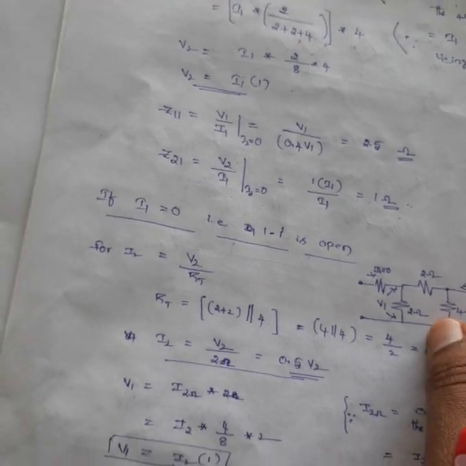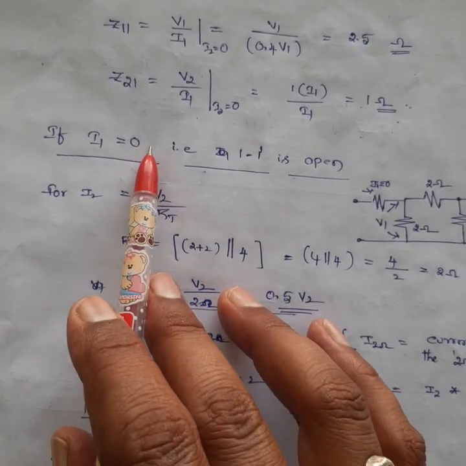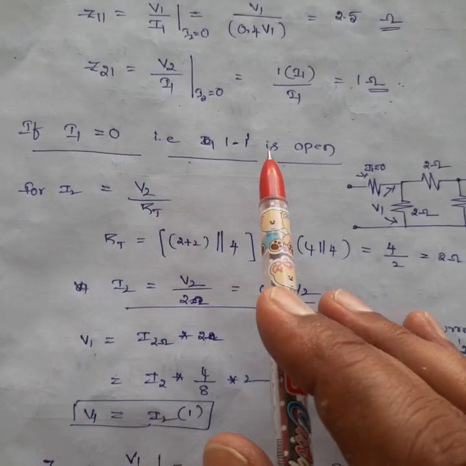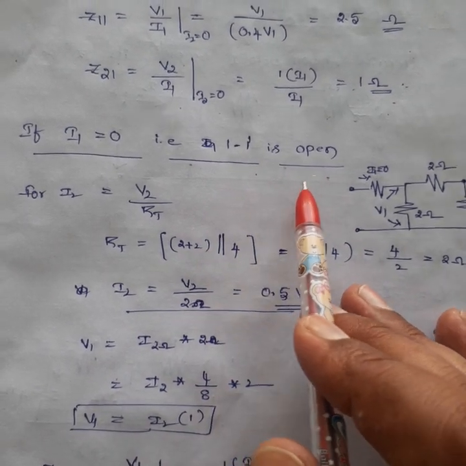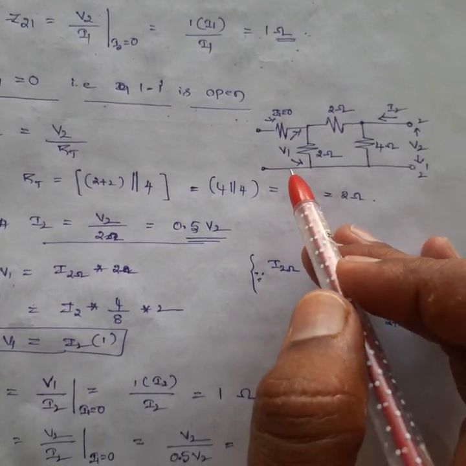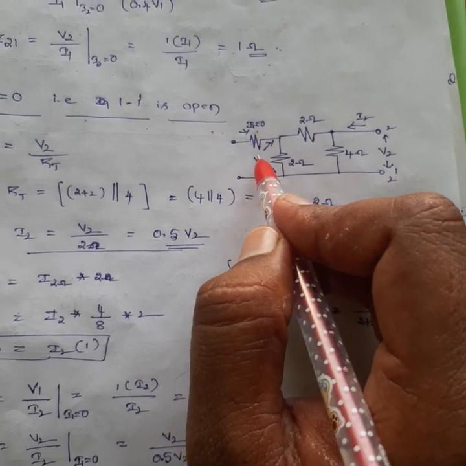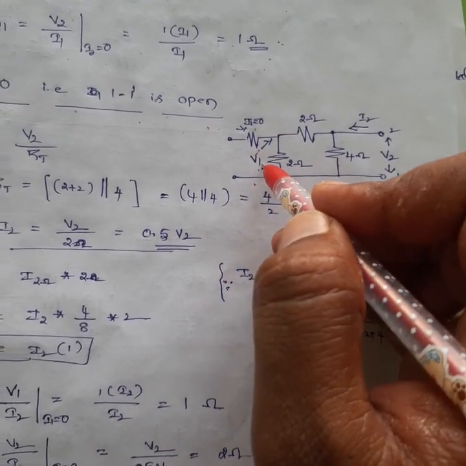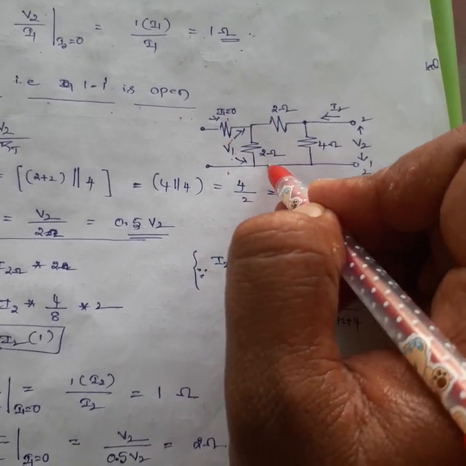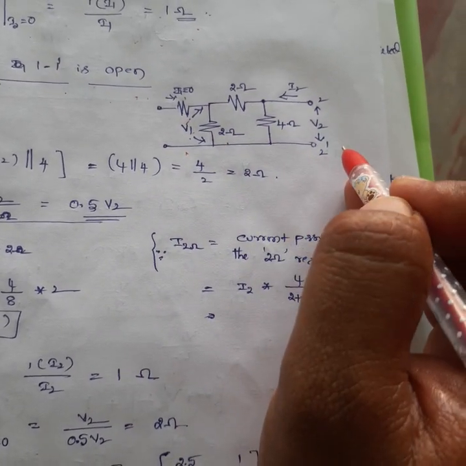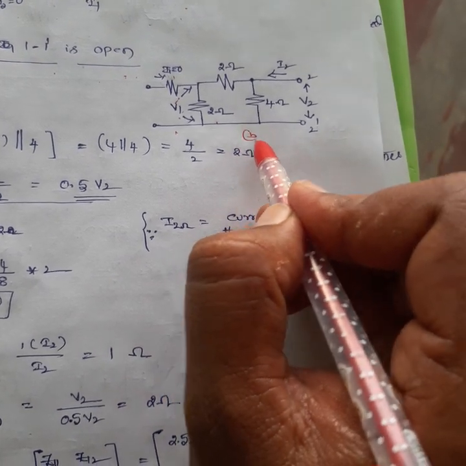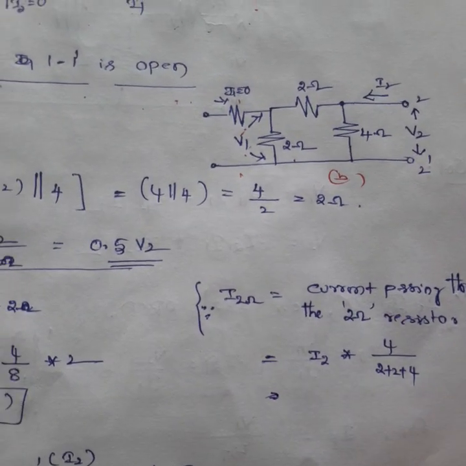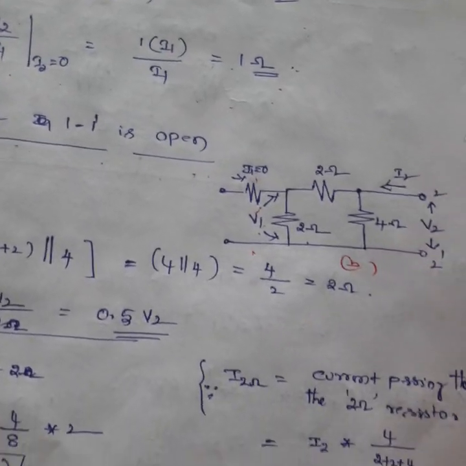In the second case, take I1 equals 0, that is the input terminals 1 dash are open. That means the current passing through the 1 ohm is 0, so voltage V1 is across the 2 ohm resistor, and the supply is connected to 2 dash. That is figure B. From figure B, again I calculate the total current I2.